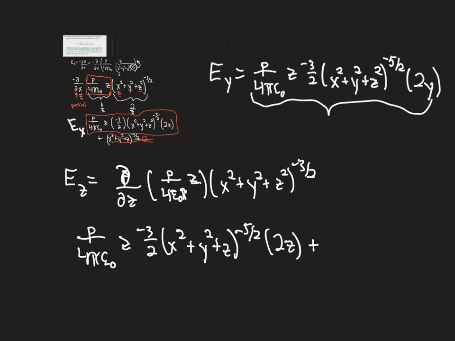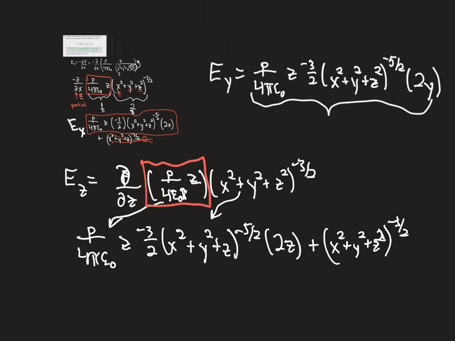So now I have the first times the derivative of the second. So that's the first element times the derivative of the second element, plus the second element, which is x squared plus y squared plus z squared, all to the negative 3 halves, times the derivative of the first. So I need to take this derivative. It's all of this coefficients out front multiplied by z.